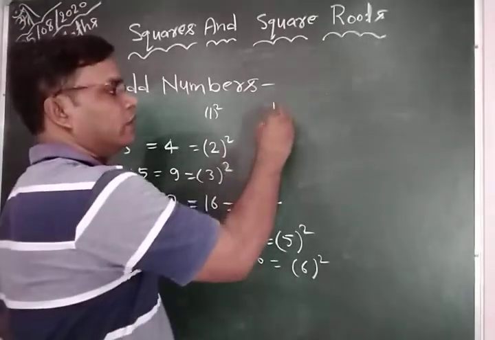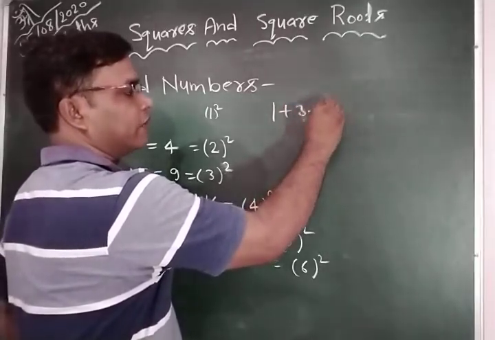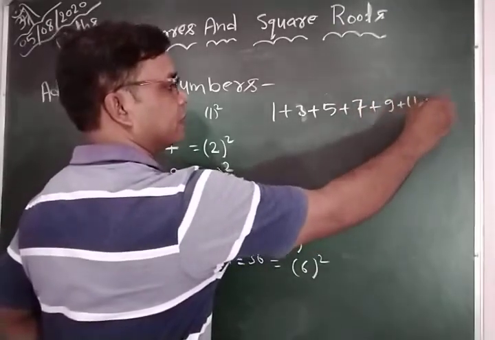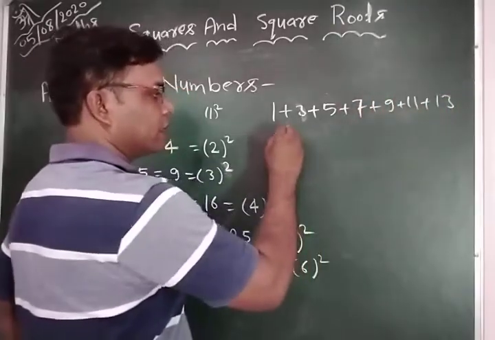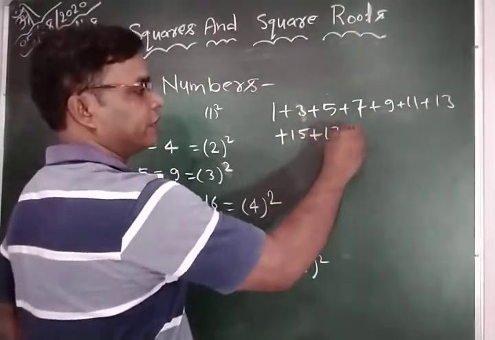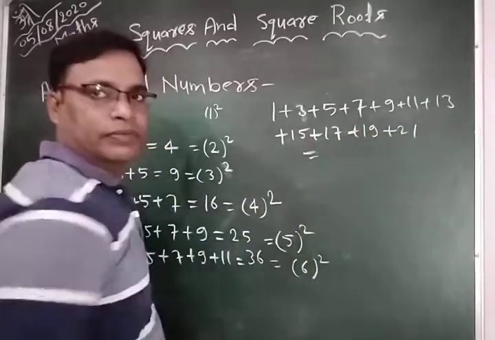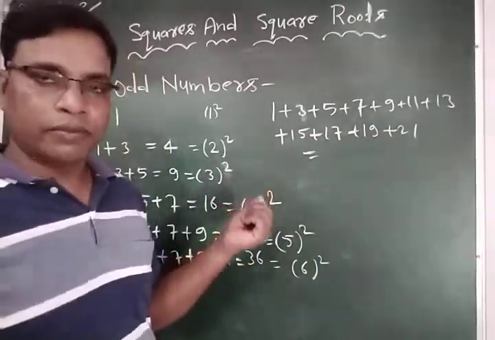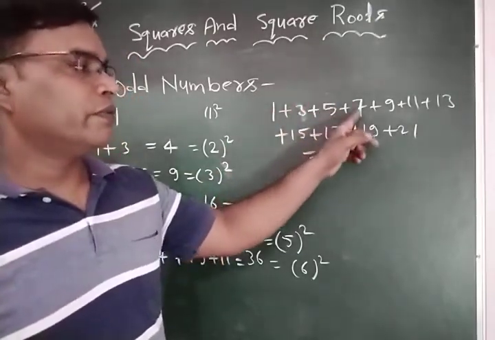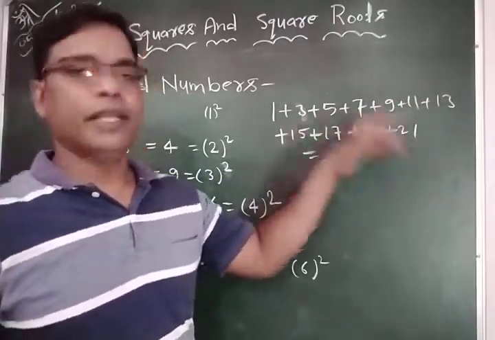Suppose we find 1 plus 3 plus 5 plus 7 plus 9 plus 11 plus 13 plus 15 plus 17 plus 19 plus 21. So what is their sum? Without adding, we know their sum. First you only count how many odd numbers are here. 1, 2, 3, 4, 5, 6, 7, 8, 9, 10, 11.